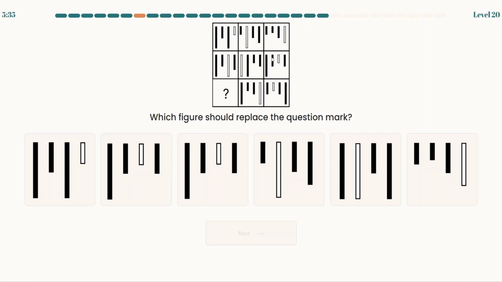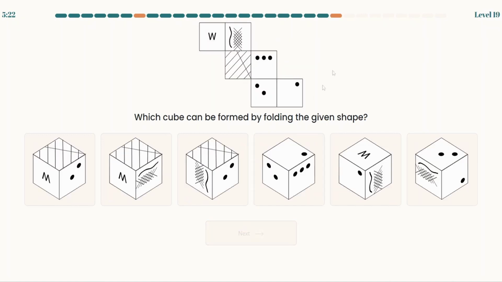Because when it goes left, it pushes everything to the start. I mean, I guess it's this one. Oh, it was wrong. I need to look back at that one.